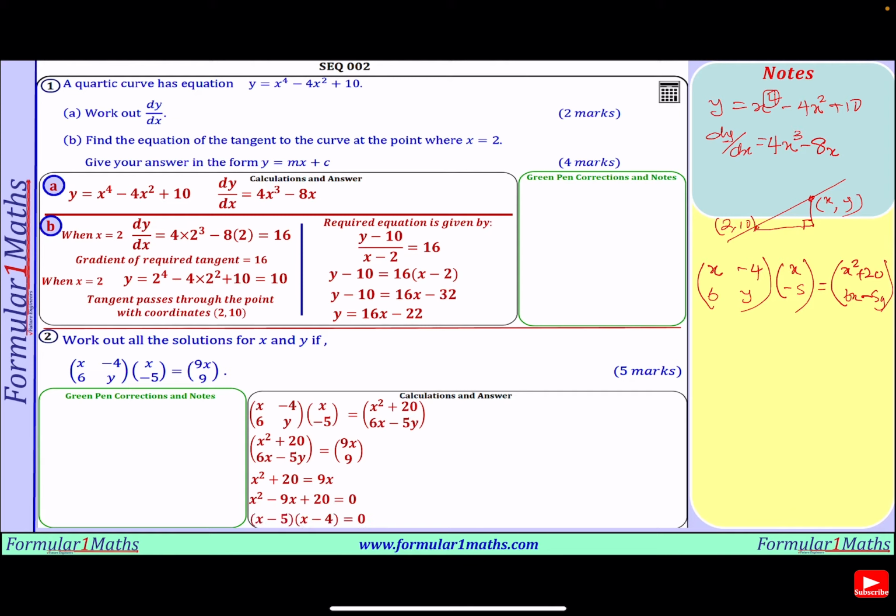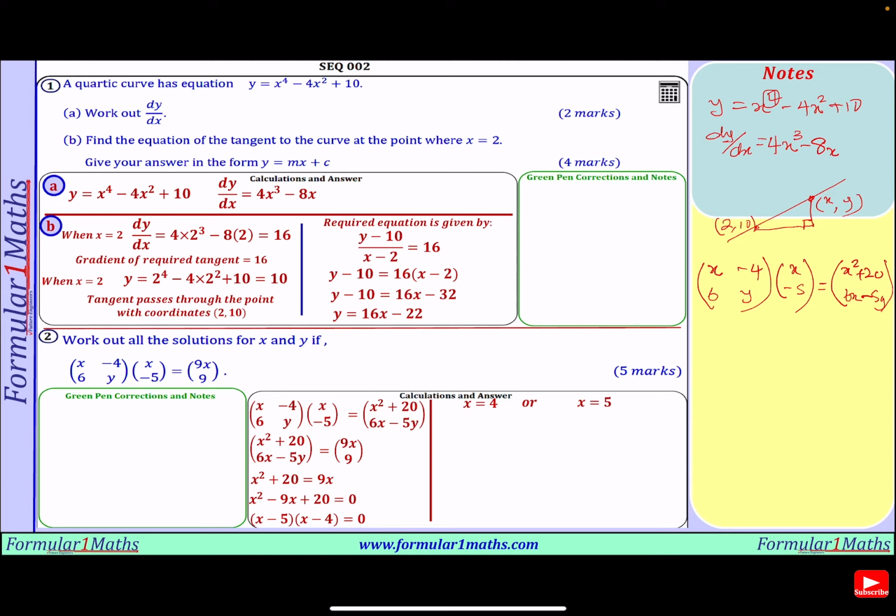Factorize to get x minus 5 and x minus 4. We can solve to get x equals 4 and x equals 5. So these are the two possible values of x.